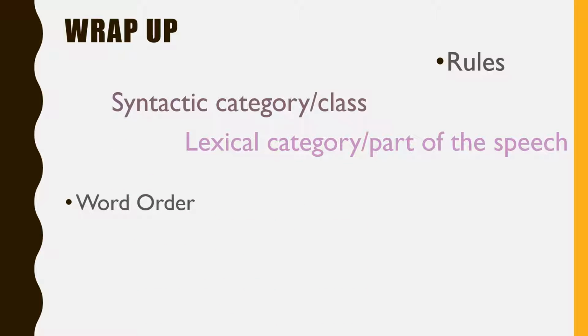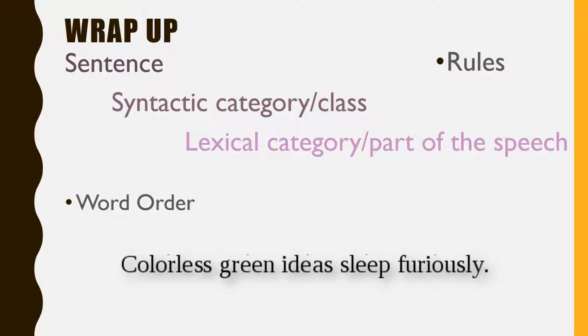Then we also learned the possible combinations that we can make with those words, which are the syntactic categories. And we also learned the possible combinations of syntactic categories that we can make in order to come up with a grammatically correct sentence.